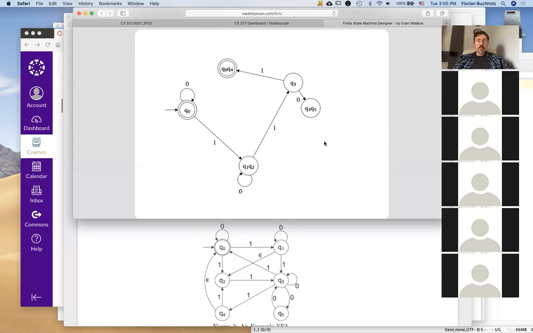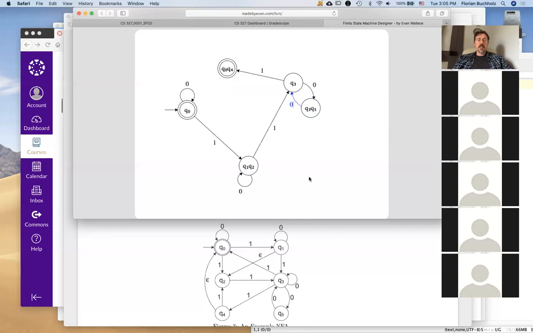All right, Q3, Q5. On a 0, I can stay in Q3 and from Q5 go to Q3. So on a 0, I'm just going back here. Epsilon is a whenever you like it transition.